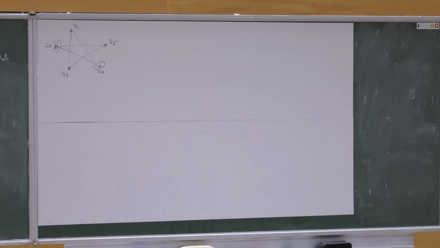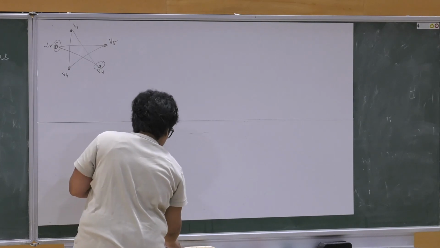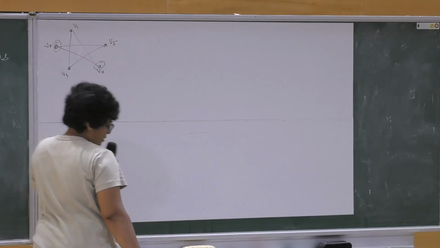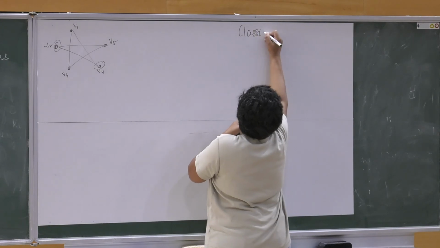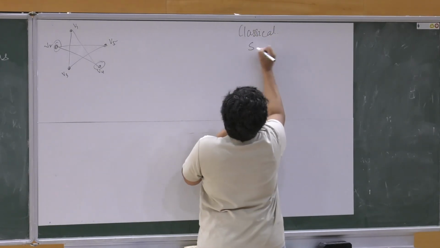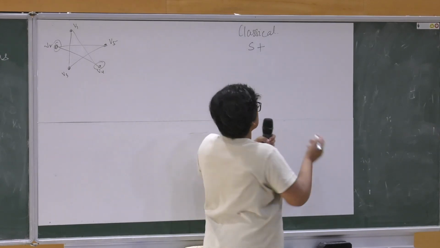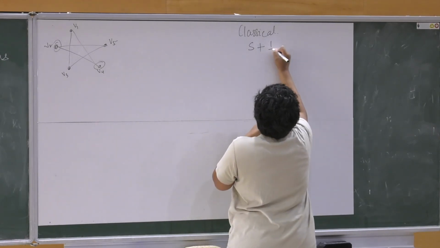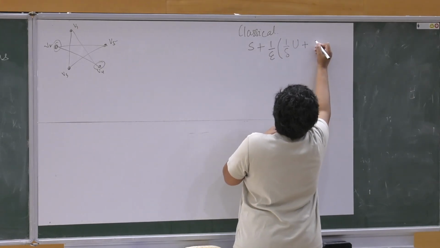Okay. Now let's continue with the quantum part. So classically, we saw this quantity, right? We saw that the cost of a walk algorithm was something like setup plus 1 over epsilon times 1 over delta times u plus c.